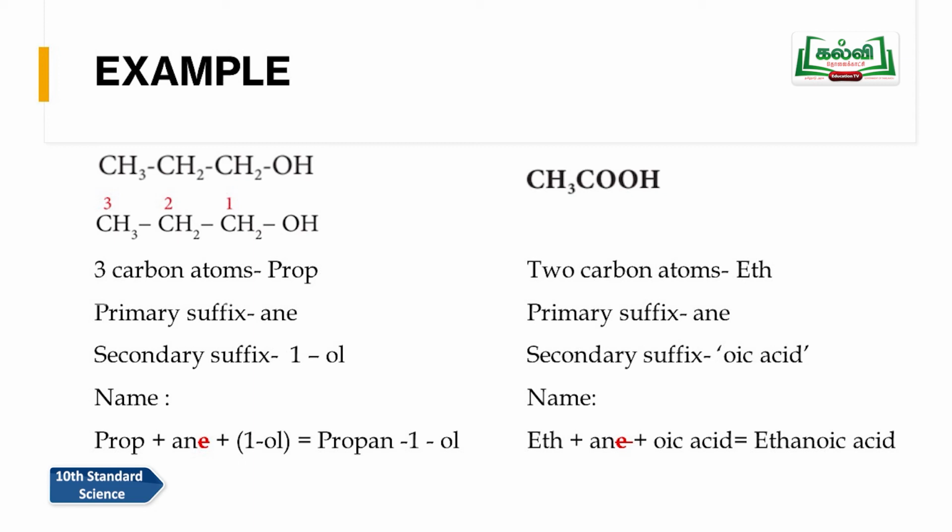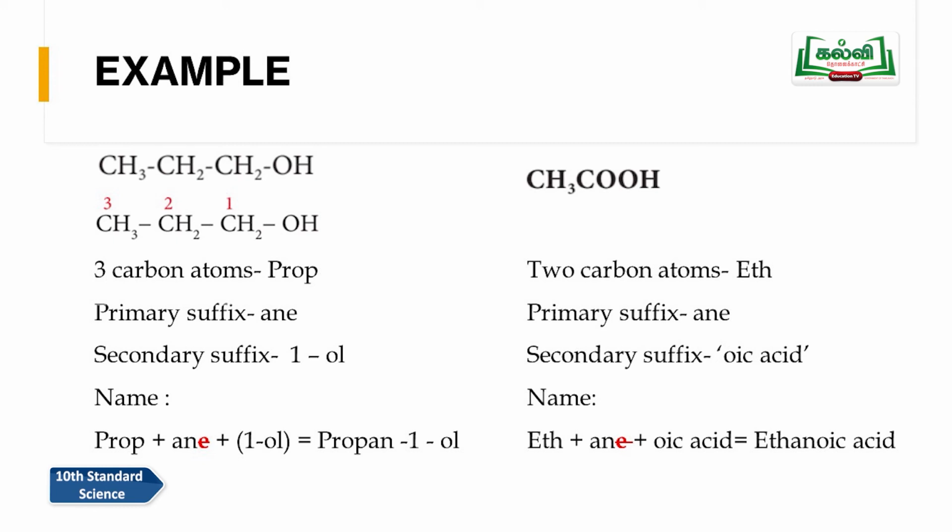The primary suffix will be ane because you have a single bond between the 2 carbon atoms. Therefore, the primary suffix will be ane. The root word is eth. Now, it is having a functional group, the carboxylic acid functional group, for which we have to use the secondary suffix oic acid. And when we have a primary suffix and a secondary suffix, what do we do when we combine both? We have to remove the e of the primary suffix.